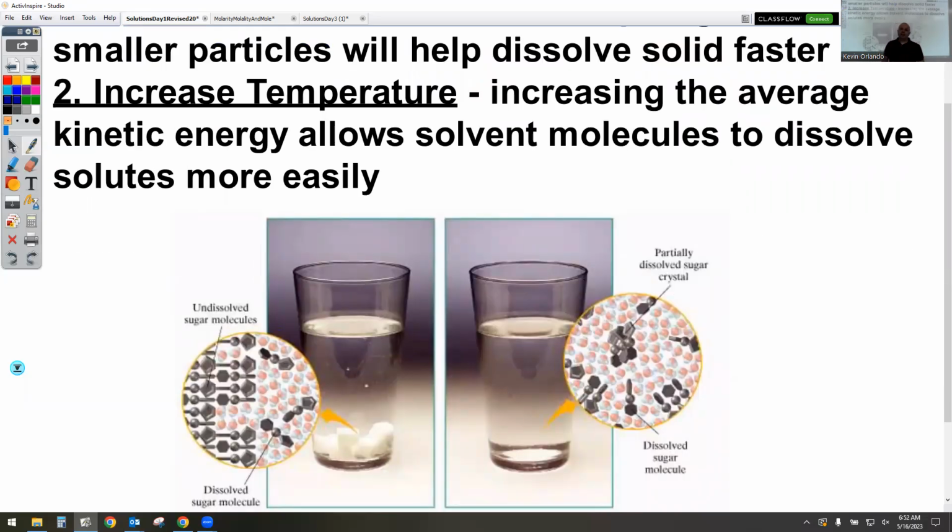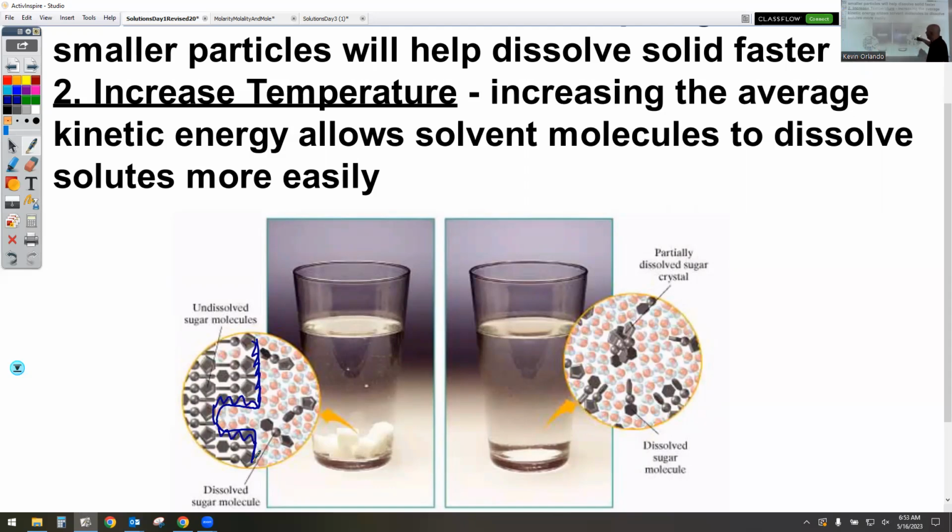If we look at the picture that's behind me, the first thing that you're going to see is that if you were to drop in a sugar cube, you can see the outline of the sugar cube here. Notice that the water is not able to really penetrate it very easily. So we're waiting for just the surface material to break apart before the water can infiltrate further into that sugar crystal.